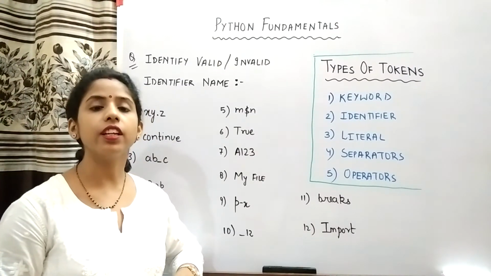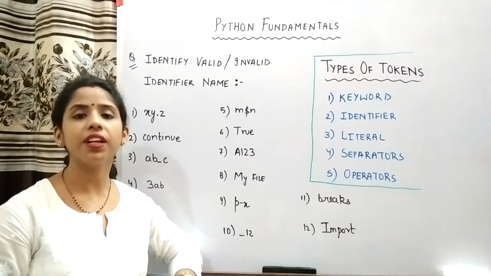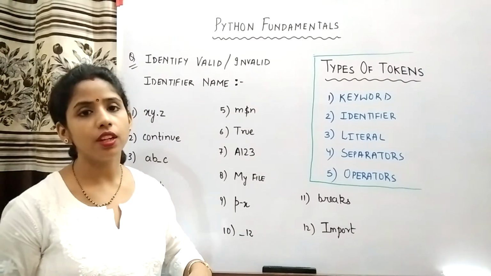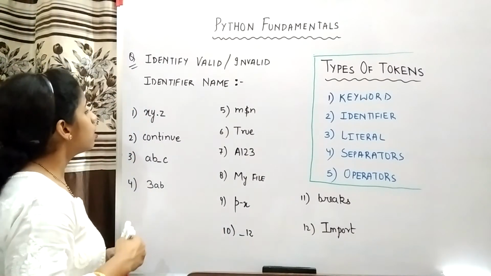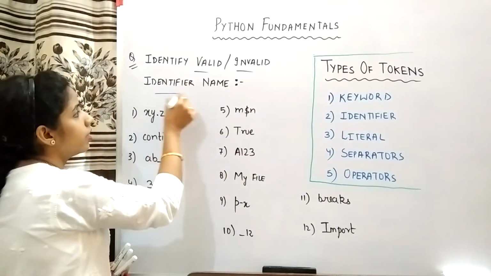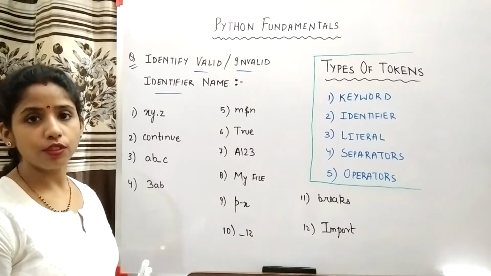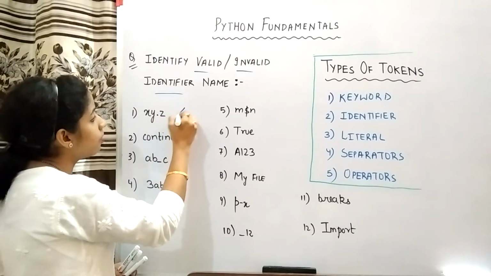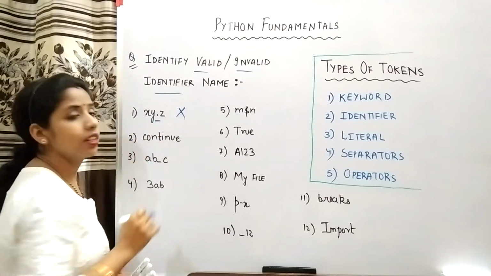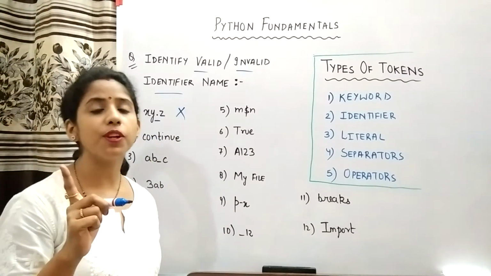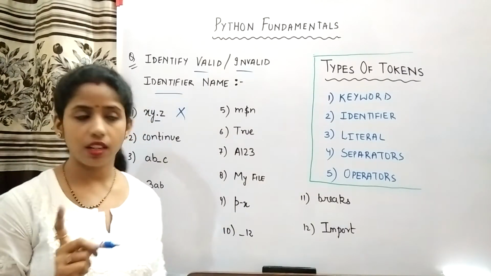So having studied these rules, let us quickly take up a question to check whether you have understood the rules or not. You have to identify valid or invalid identifier names as per the rules that you have learned. This one will be invalid because it has a dot, and dot is a special character which is not allowed. Only one special character is allowed, and that is underscore.